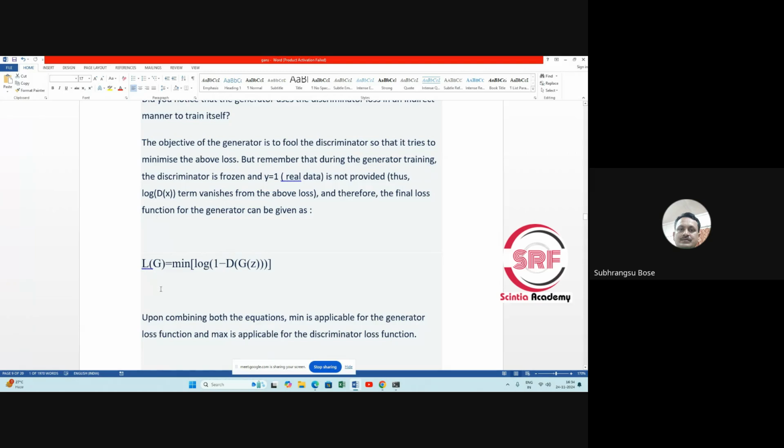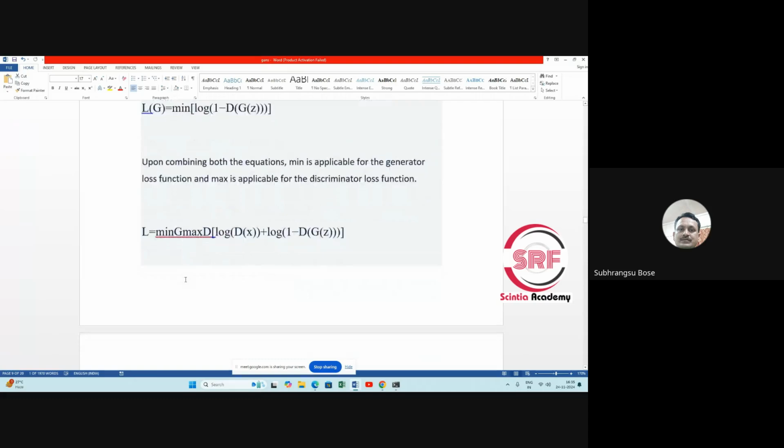When training the discriminator, the generator is frozen, and vice versa. When training the generator, the discriminator network will be frozen. One is on and the other is off. This process is running here.